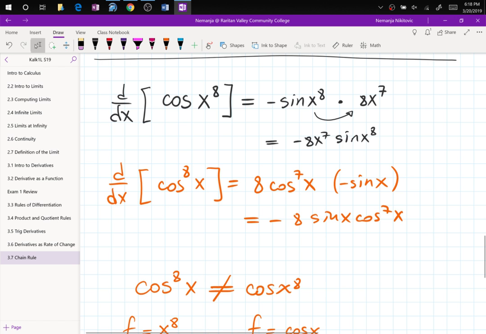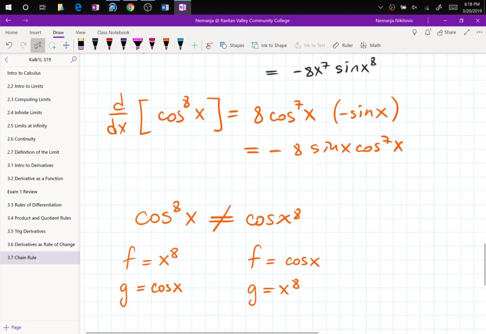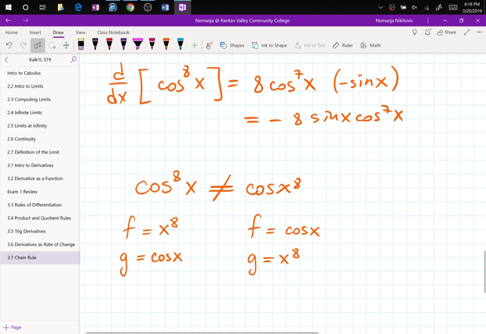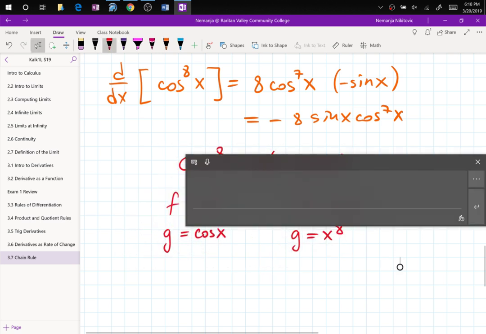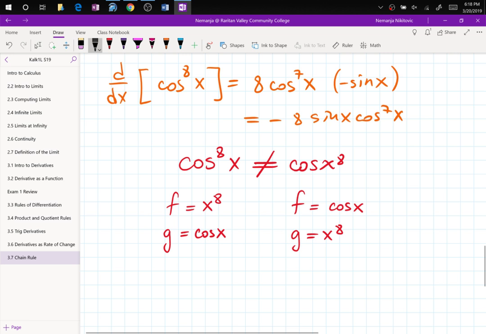If you still don't believe me, go ahead tonight on Desmos, graph both of these functions and you will see that the lines are nothing alike. I'll leave this here as the explanation of why and how everything happened.